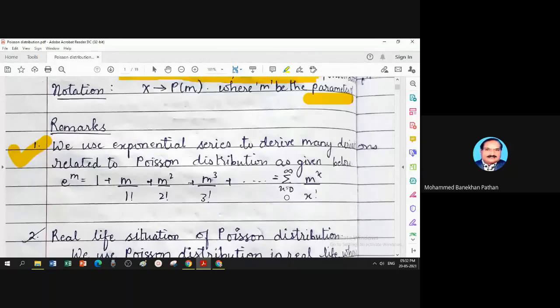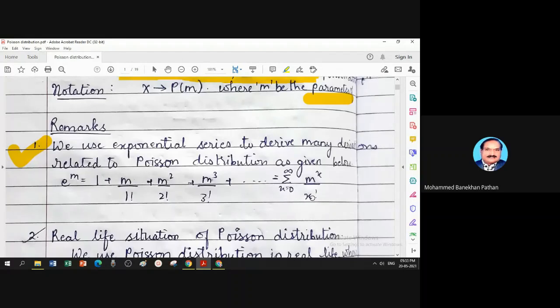What is the clue to remember exponential series? In the numerator, the variable is a power with some constant. And that power is taken in the denominator as factorial.